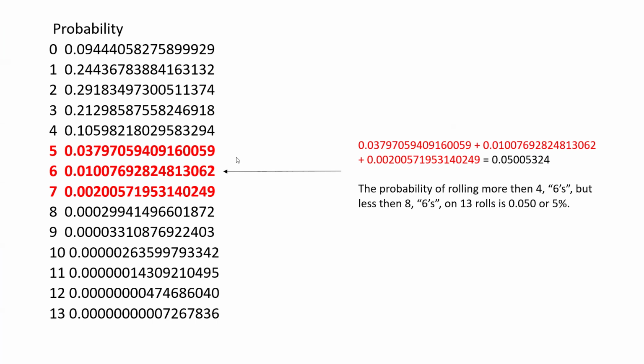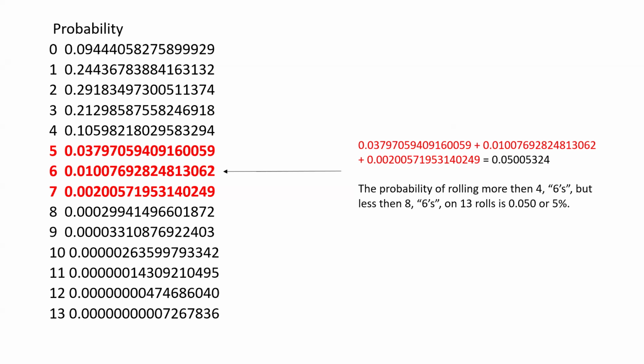So what is the probability of rolling 5 sixes, 6 sixes, or 7 sixes on 13 rolls? We're rolling 13 dice, and we're looking for either 5 of those dice being sixes, 6 of those dice being sixes, or 7 of those dice being sixes.